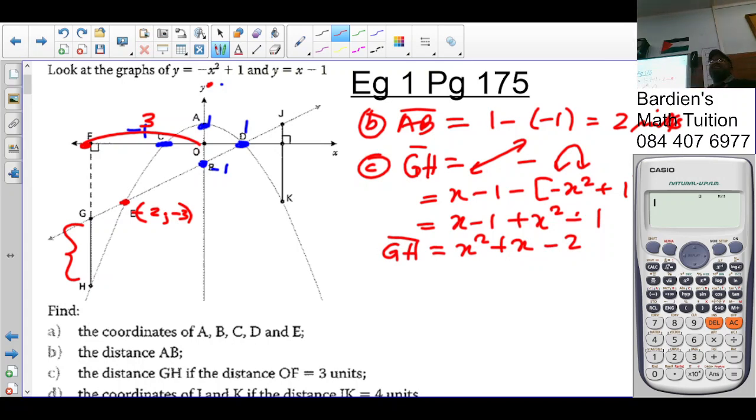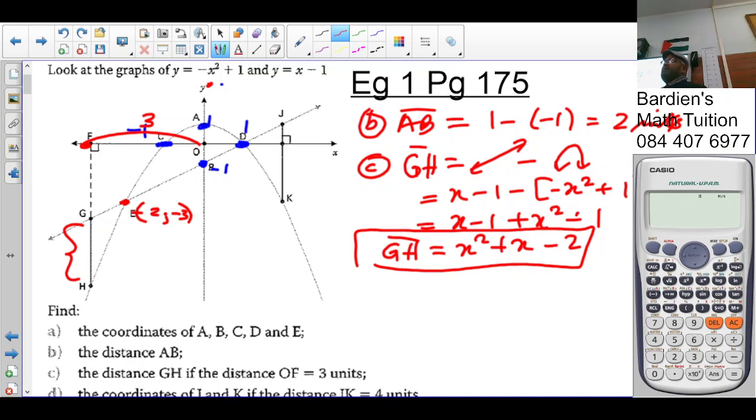GH is the algebraic expression for that line, provided the straight line is on top of the parabola. Anywhere on that graph where the straight line is on top of the parabola, in order to calculate that distance, it will follow this formula, the algebraic formula for that line.